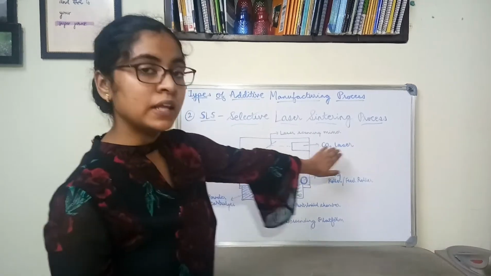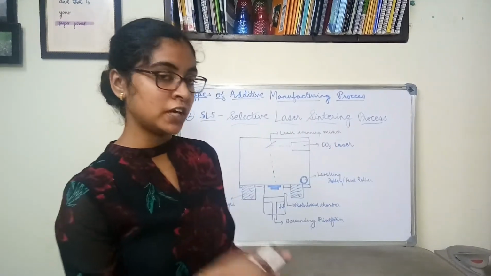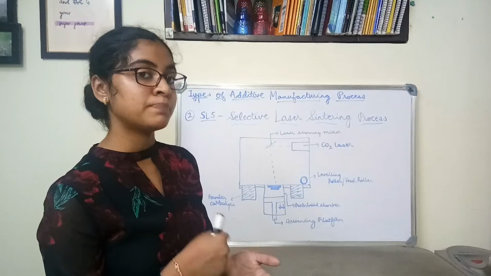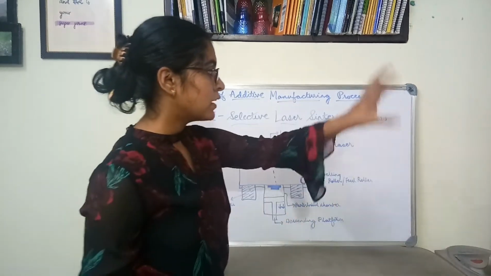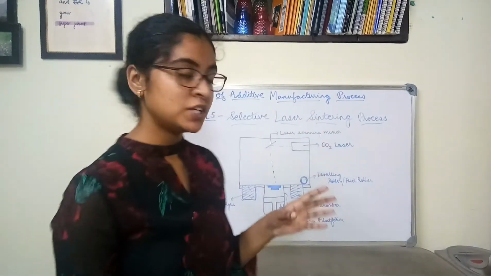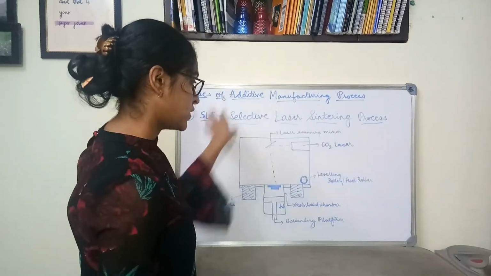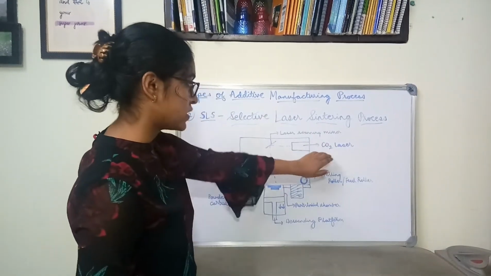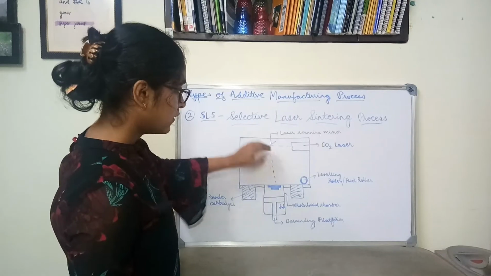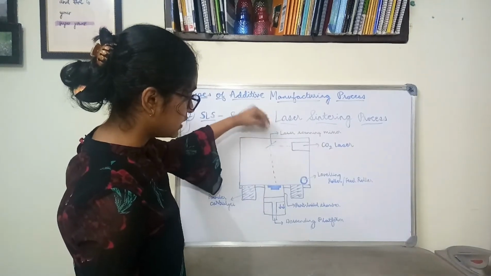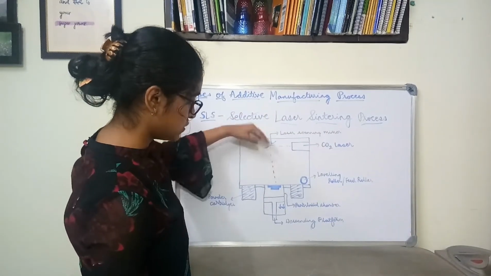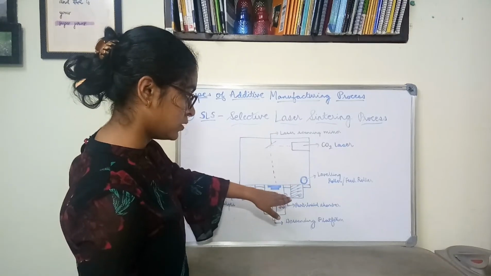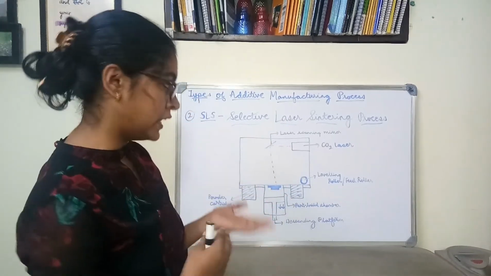Here the carbon dioxide laser source will be the source of heat which will result in the melting of the powder. So first, when the input 3D data sheet is given to this 3D printer, the carbon dioxide laser will be incident on this mirror, which will then inject the laser beam into specific locations of the part build chamber to start the production of the layers.